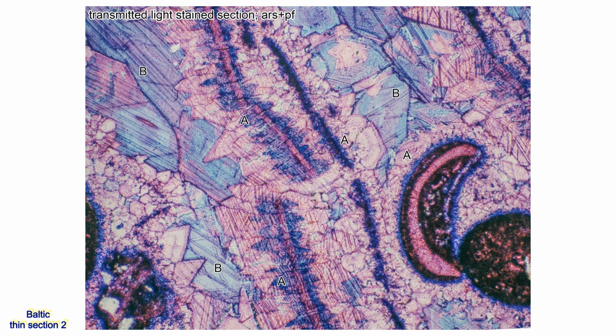The first, irregularly shaped increment stains pink. The second, that envelops the first, stains deep blue. An example is shown by the white arrow. The third increment stains pink. Cement B stains pale blue with irregular pale pink patches.